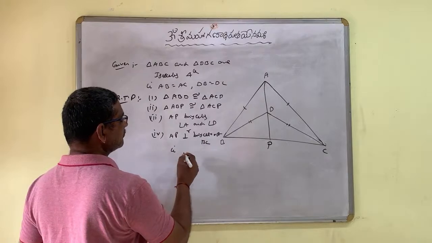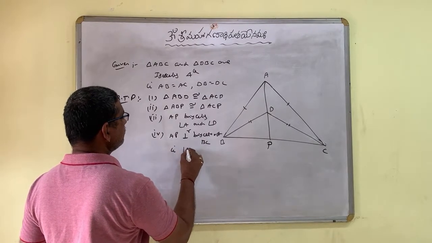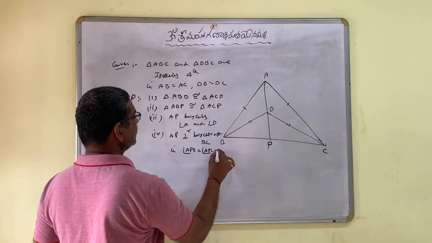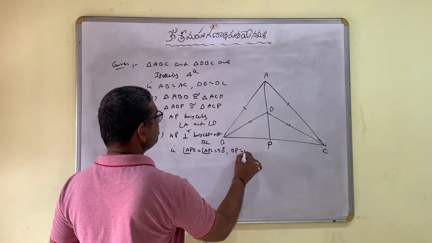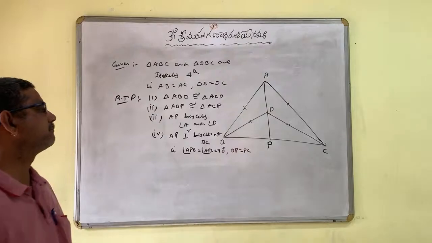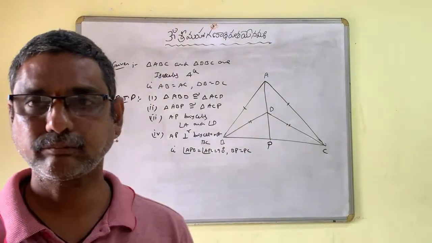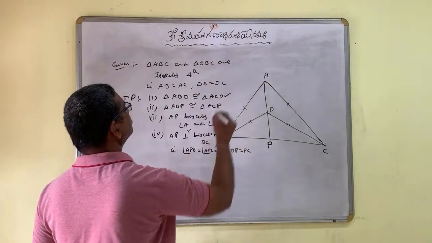That is, angle APB and angle APC are 90 degrees, and not only that, BP is equal to PC. This is what we have to prove. A big sum. Now, let us think about this one.